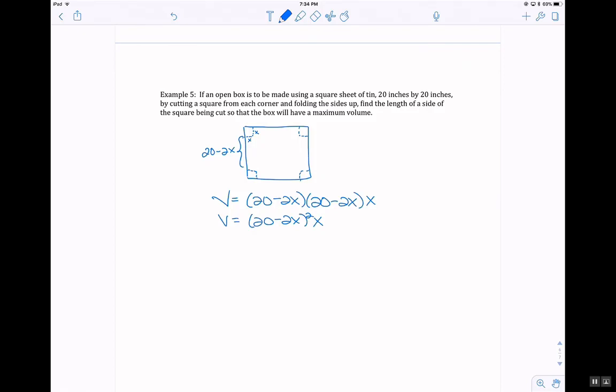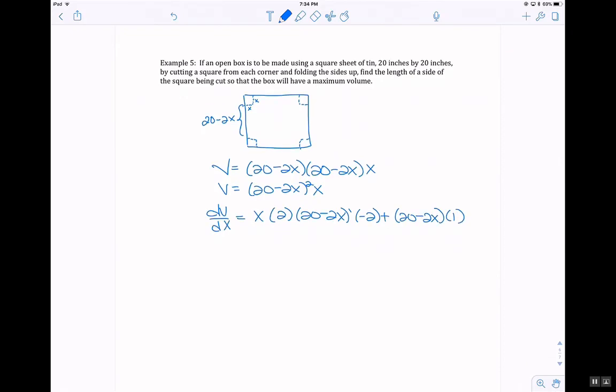And then I could have done product rule, so dV/dx is equal to the second times the derivative of the first, which is 2 times (20 minus 2x) to the first power times negative 2, plus the first, which is (20 minus 2x) squared, times the derivative of x, which is 1.